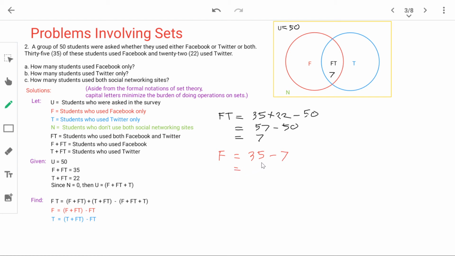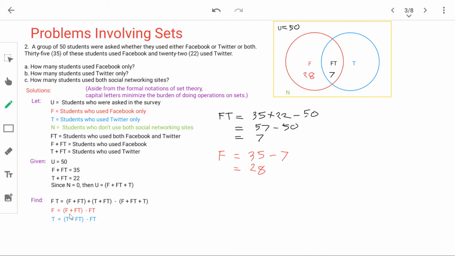By subtraction, 35 minus 7 is 28. So we have here 28 students who use Facebook only.